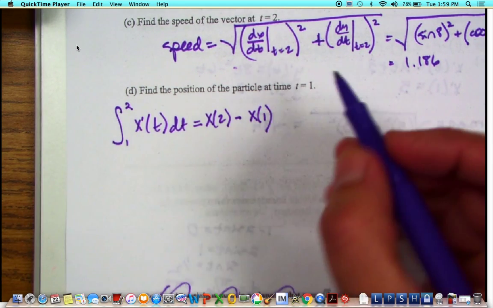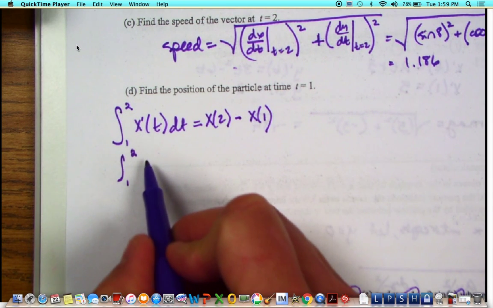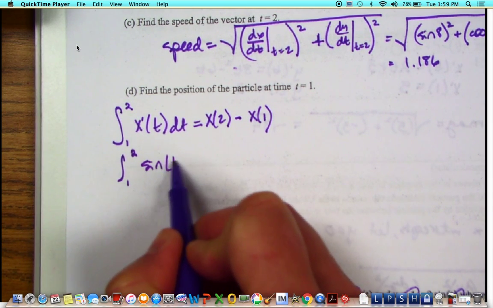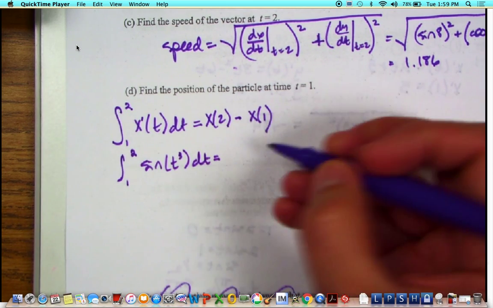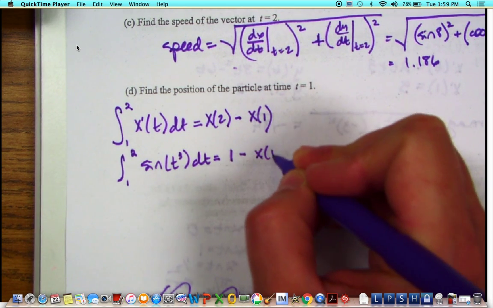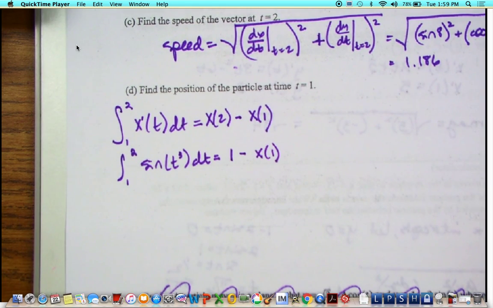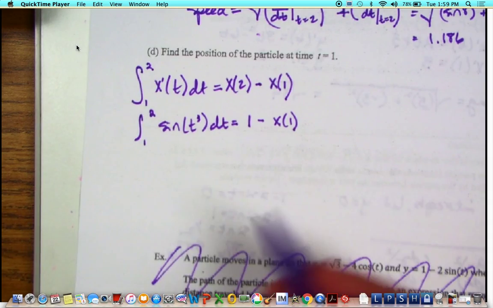So the integral from 1 to 2 of sine t cubed dt will be equal to 1 minus x of 1. So you can move this over here if you want.